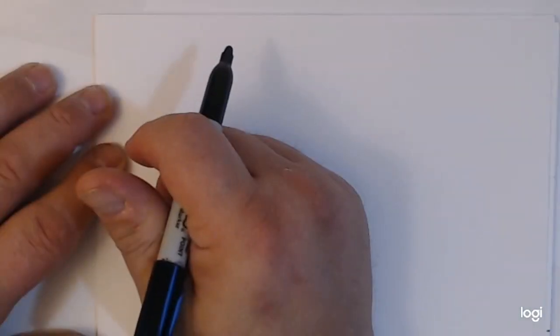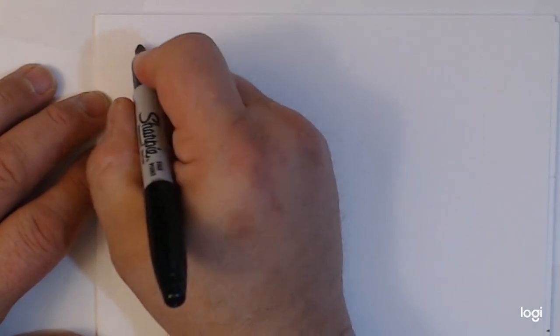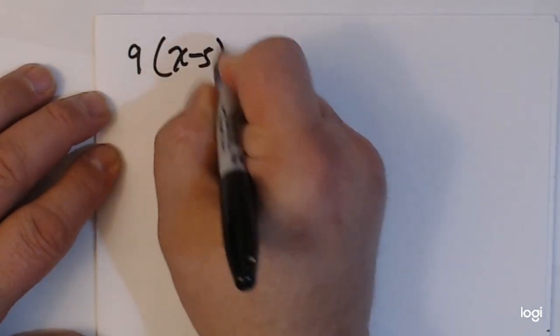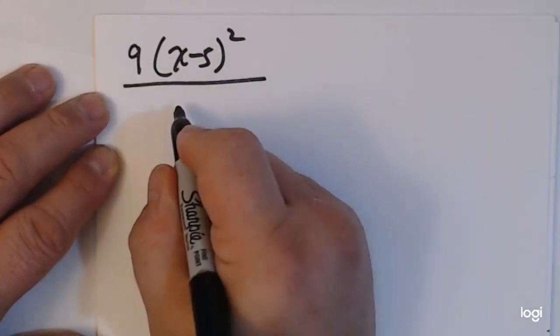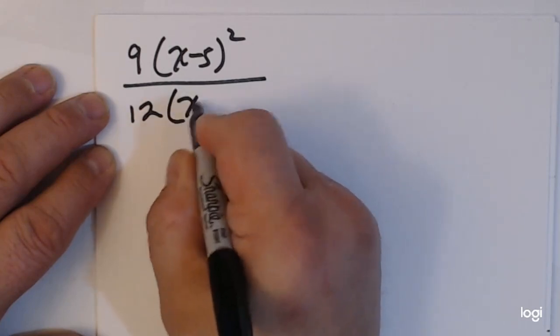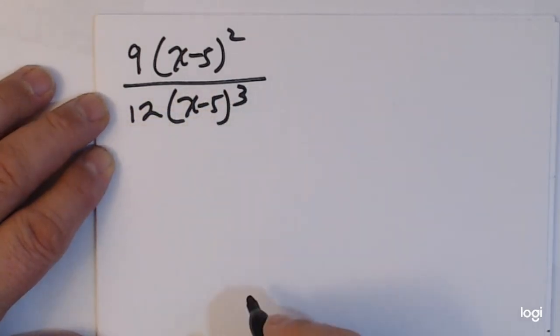All right, let's see. We have 9 times x minus 5 squared over 12 times x minus 5 cubed.